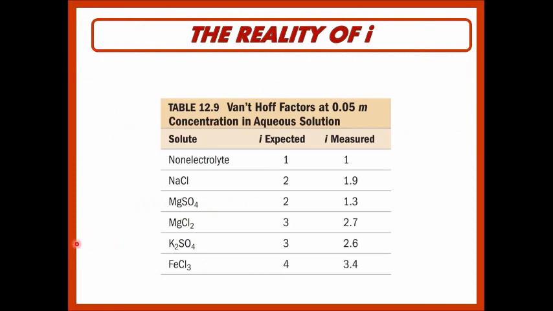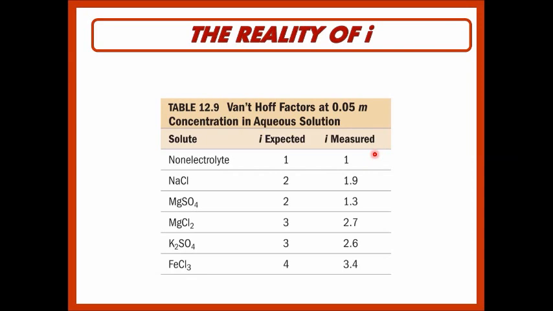Now this table depicts how in reality we see differences between the expected Van't Hoff factor and the measured Van't Hoff factor. In other words, when we measure i, we don't see the exact theoretical values we would expect. We may expect the dissociation of an ionic compound to be complete in solution.